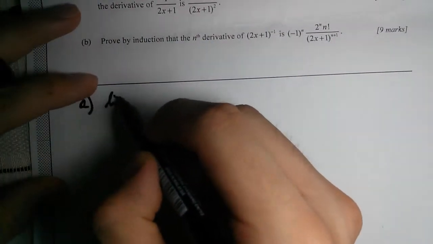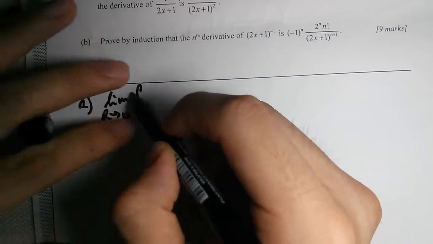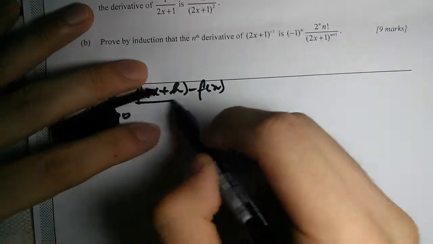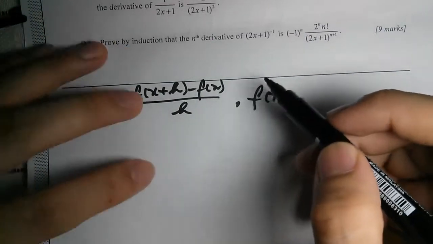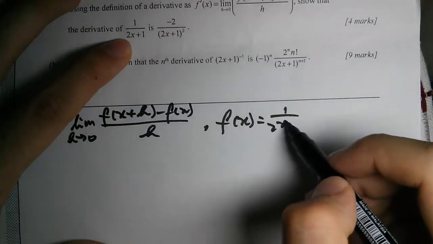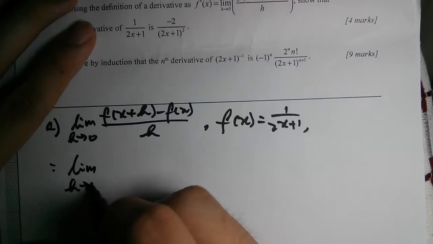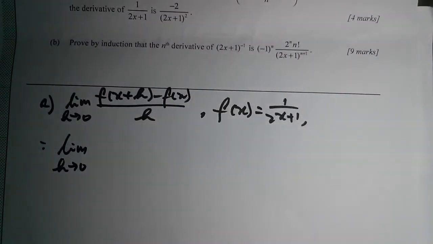Let's do this. Differentiation: limit as h tends to 0 of f(x plus h) minus f(x), over h, where f(x) would be the thing that we want to differentiate. So we want to differentiate 1 over 2x plus 1. I think we need a narrower marker here.